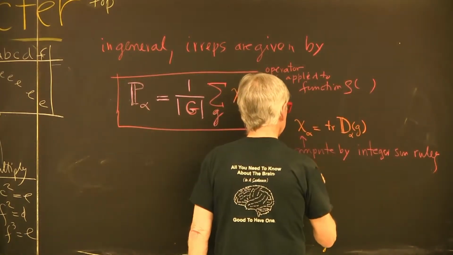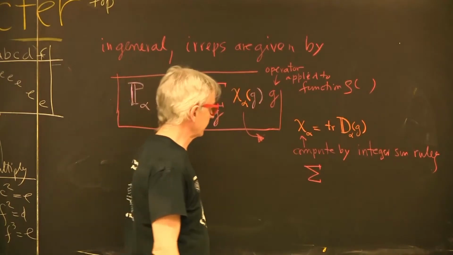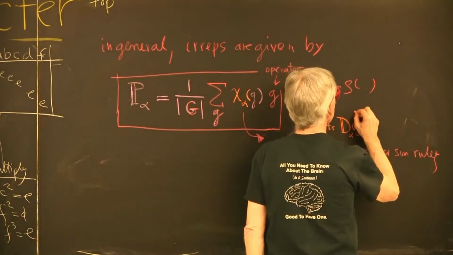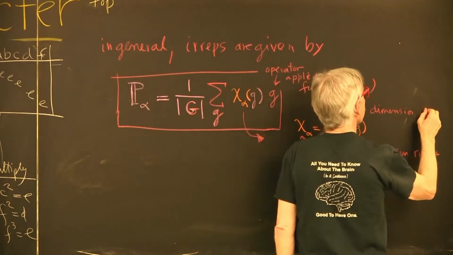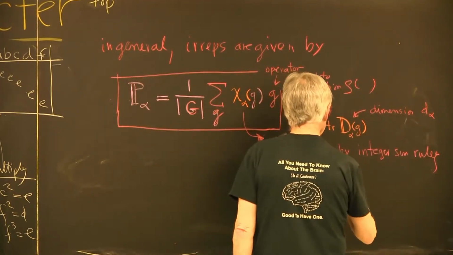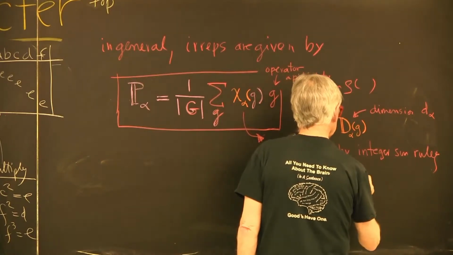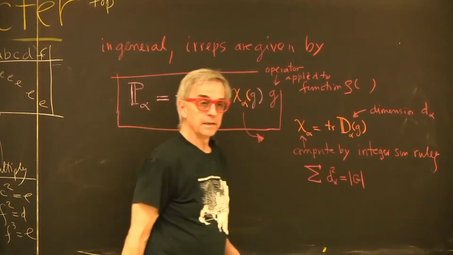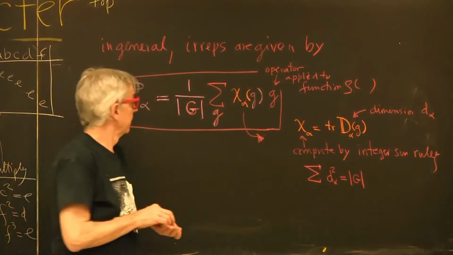For example, the dimensions of the representation, so these now have dimensions larger than 1, the dimensions squared have to add up to the size of the group. Looks like nothing, but actually is a very strong constraint.